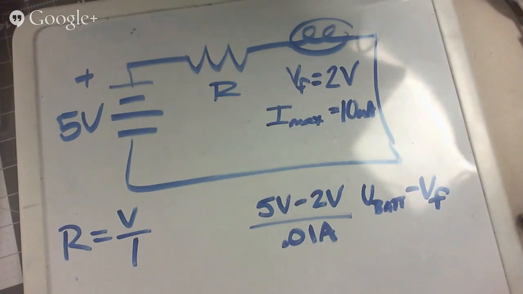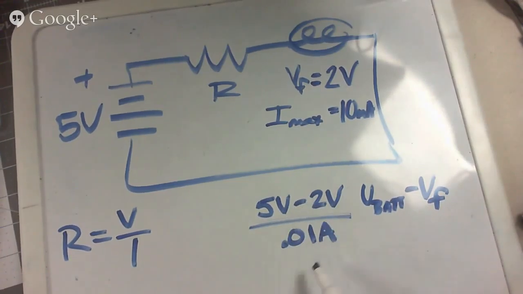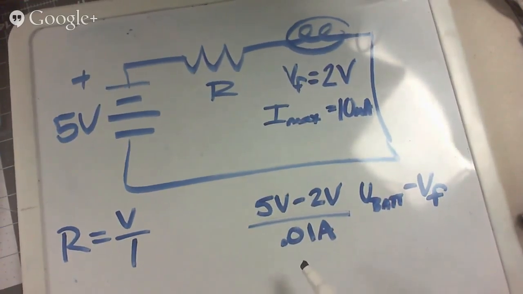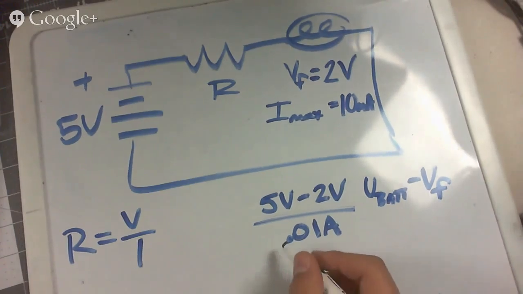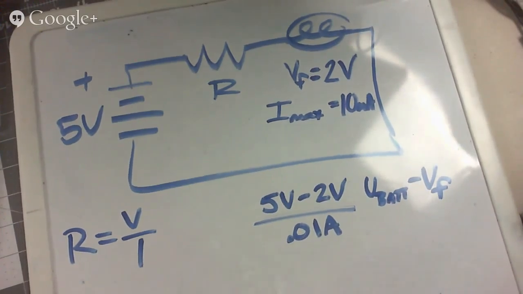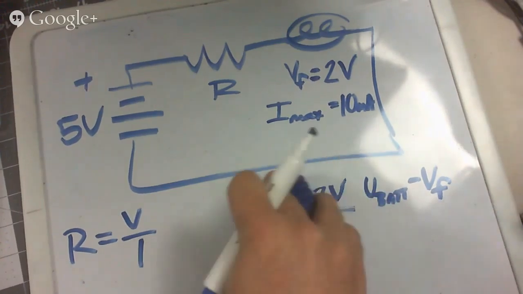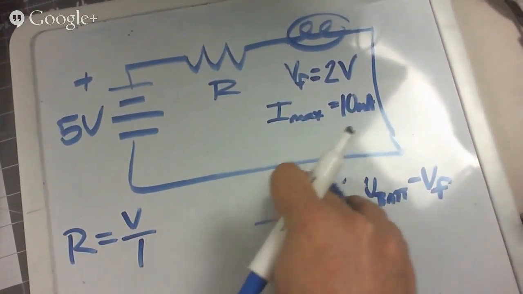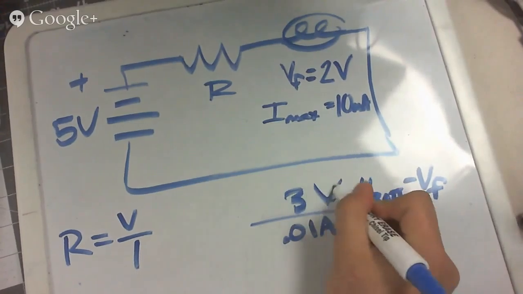And that's the other thing to remember, you always have to be in the base unit or convert to the same unit. If I put 10 down here, that's 10 milliamps, I would get the wrong answer. So in this case, let me rewrite that: 5 volts minus 2 volts is 3 volts.